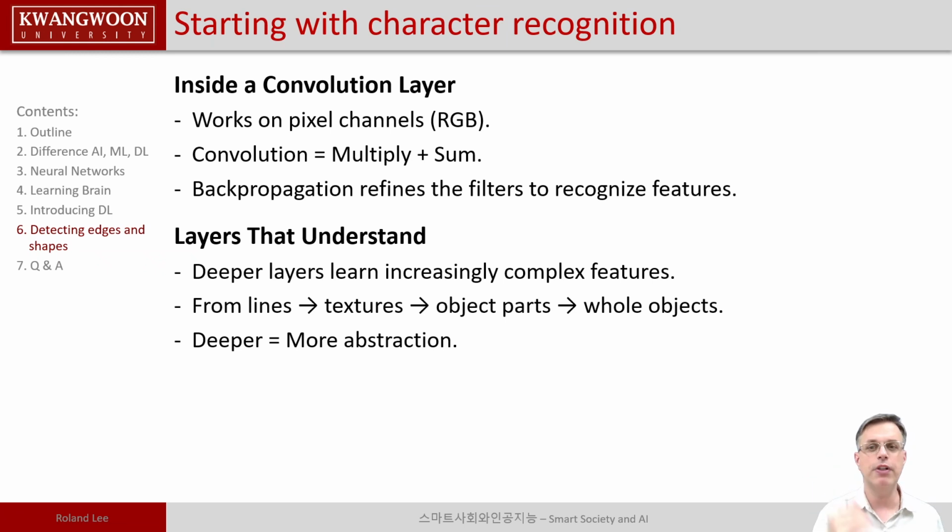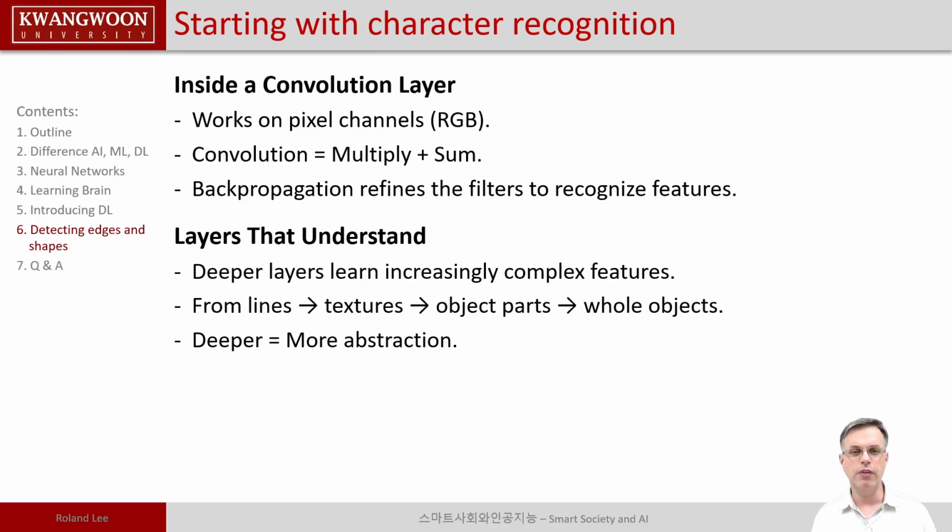Such an operation is flexible because backpropagation refines the filters to recognize features, and forms the basis for numeric multiplication inside a convolution. The values that the convolution filters capture are image characteristics that are important for the neural network to achieve its classification task.